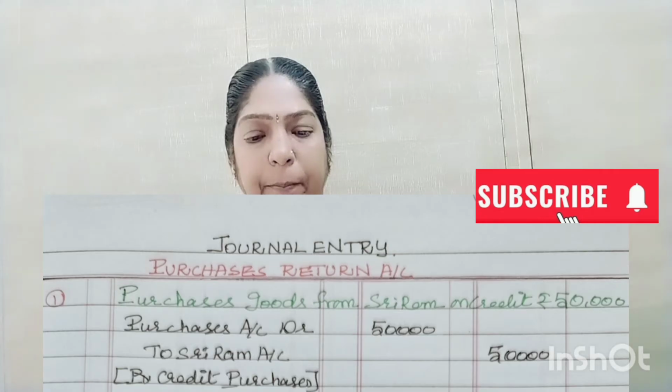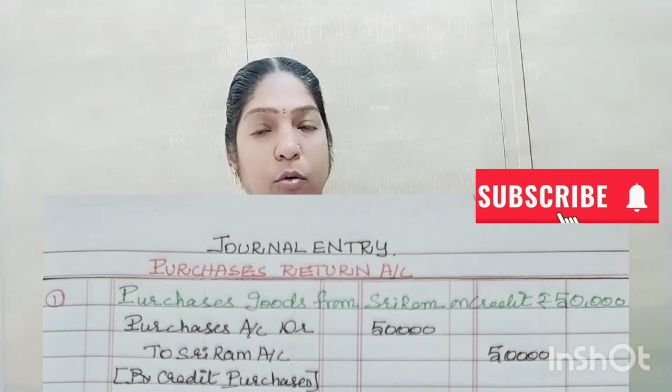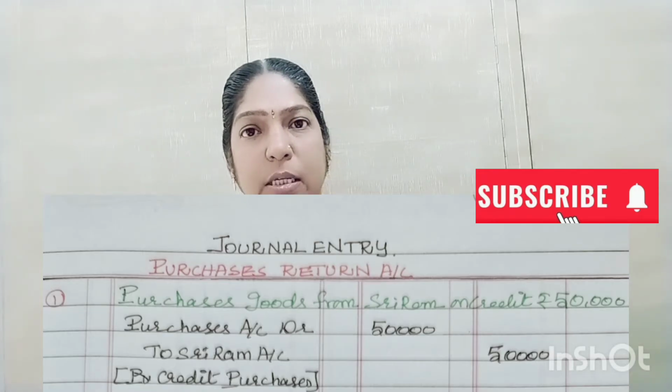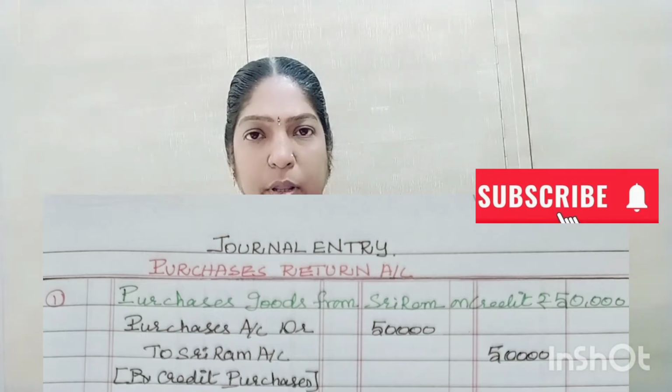Say for example, purchased goods from Sriram on credit, 50,000 rupees. What is the journal entry? You know about it. The journal entry is purchases account debit to Sriram account. There are two accounts involved, the purchases account and the Sriram account.